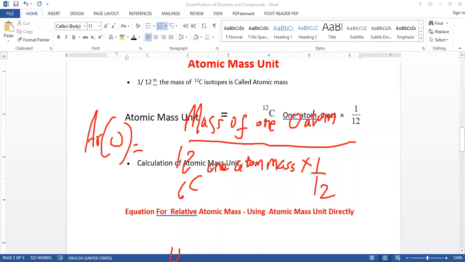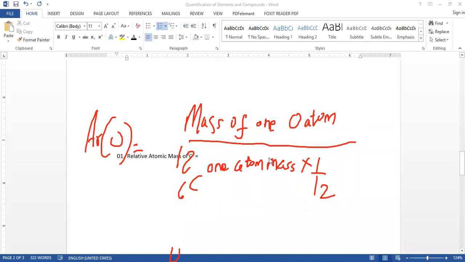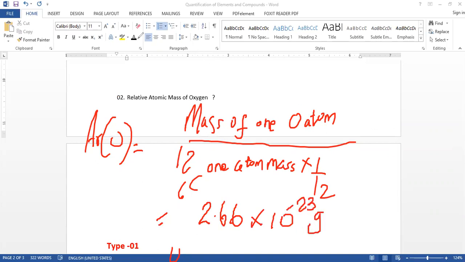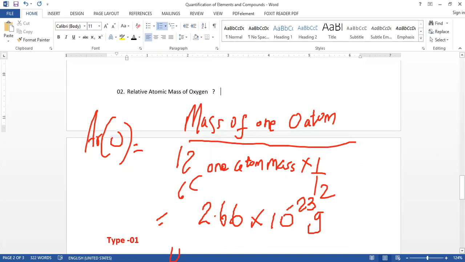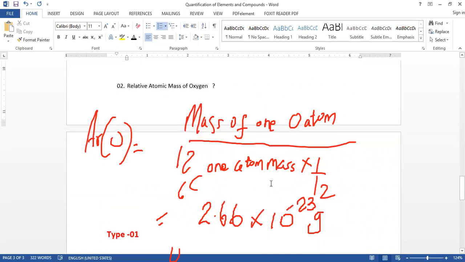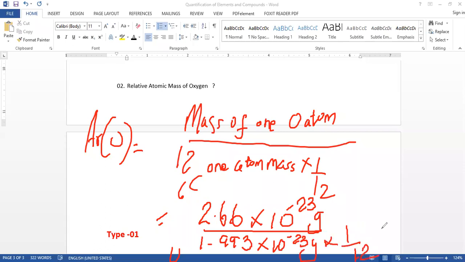Mass of one oxygen atom is 2.66 into 10 to the power minus 23 gram over 1.993 into 10 to the power minus 23 gram into 1 over 12 gram.